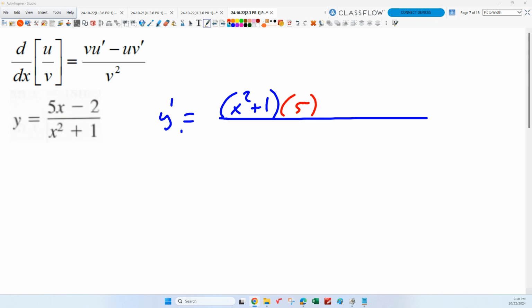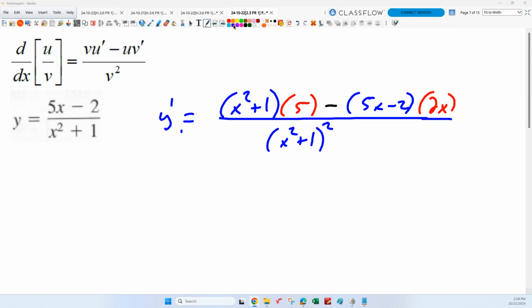So low d high minus, what's high? 5x minus 2. d low? 2x. Divided by? x squared plus 1. How do you say that? Quantity x squared plus 1, quantity squared. There you go. Okay, that's our answer.